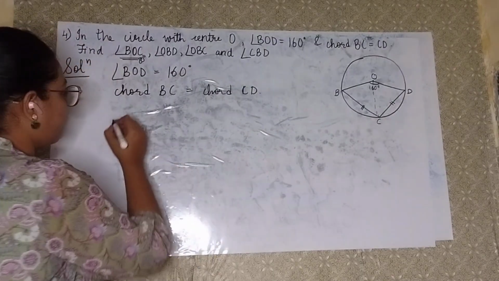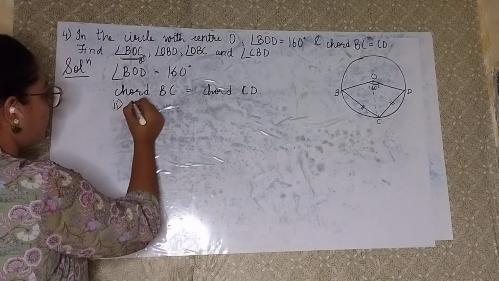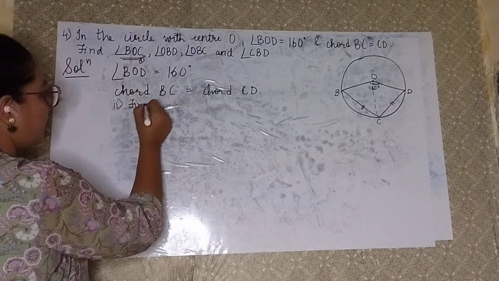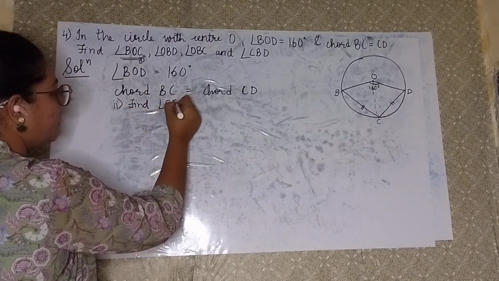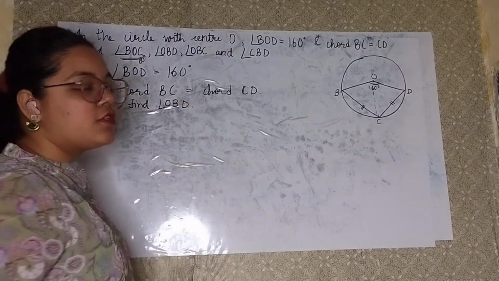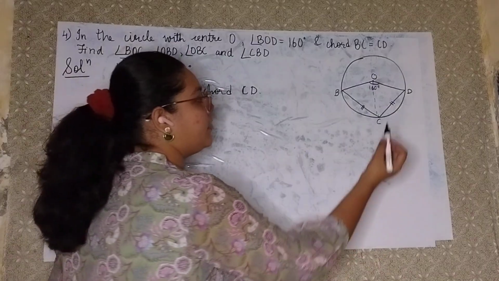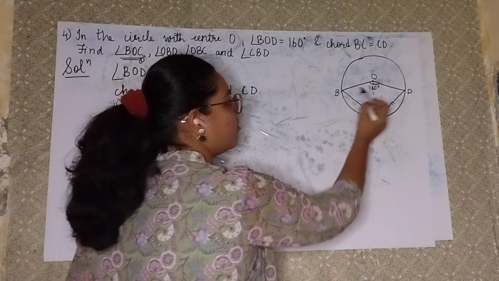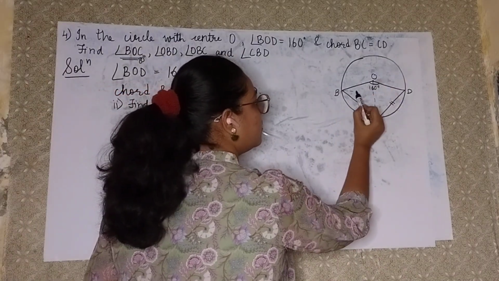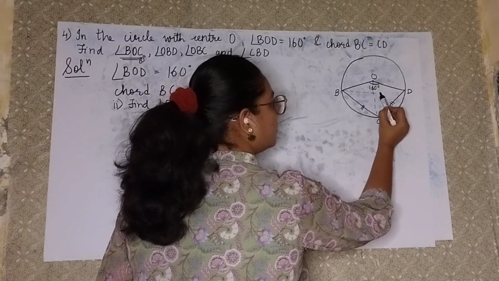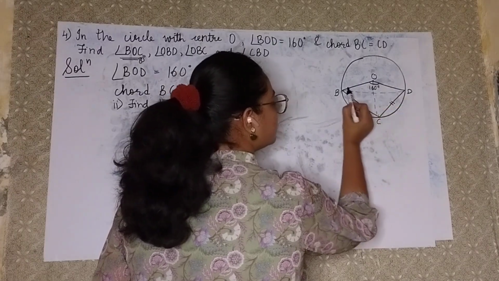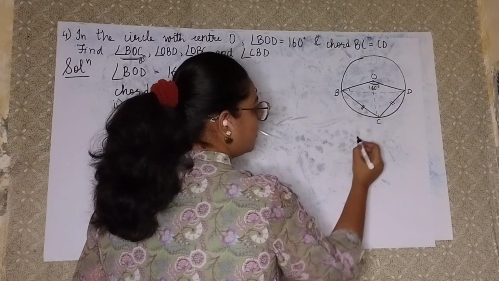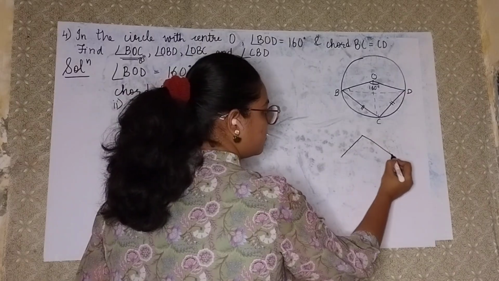Next I'll write for angle OBD, that is the second part. Find angle OBD. Again we have to see the diagram. Where does OBD lie? OBD is over here. So this part of the diagram is OBD. I'll draw it like this.